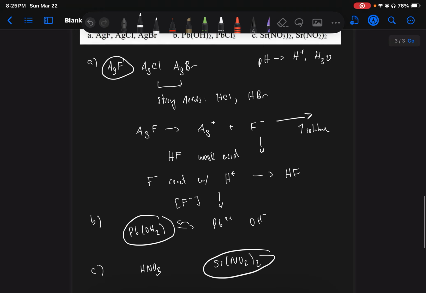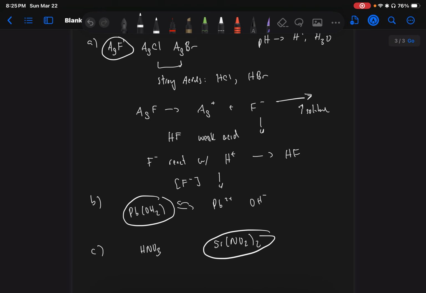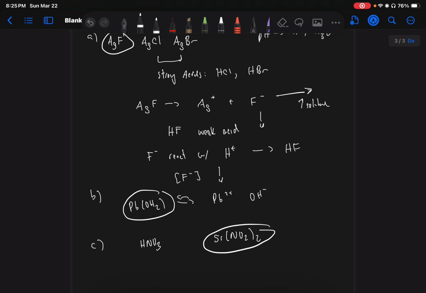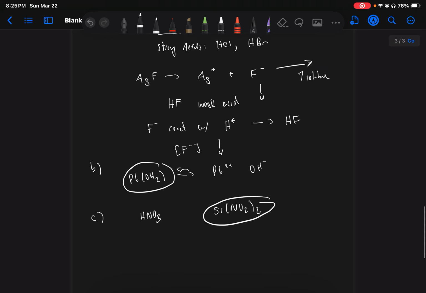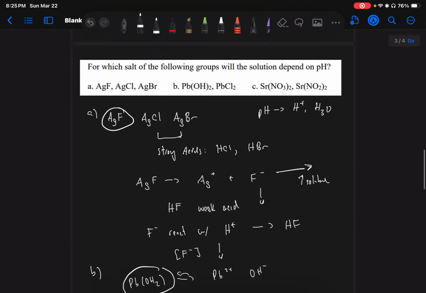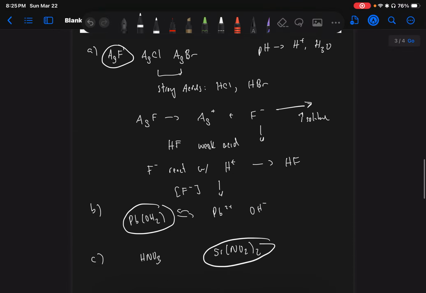Yeah, that's the answer. I think it's just the one that's not the strong. It's just the weak acid or weak base that will interact with the solution and change concentrations. Yeah, that makes sense actually now.